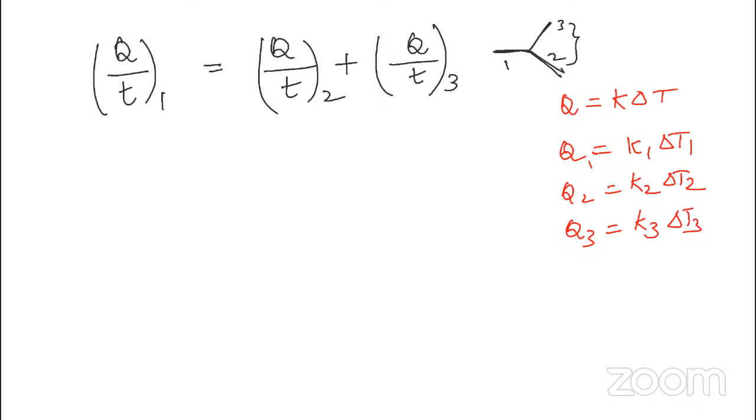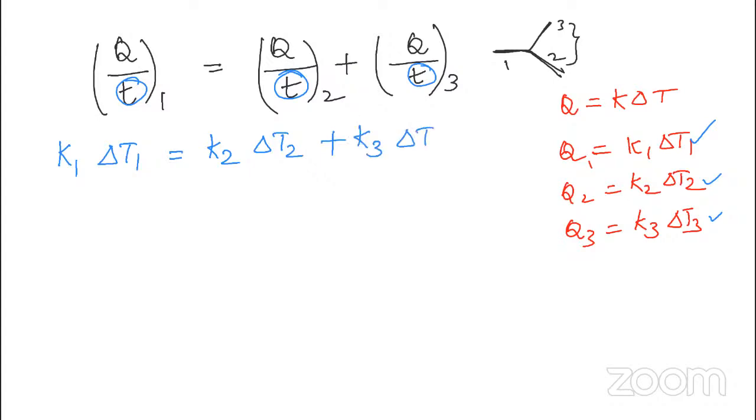Okay. So here time is not an important constraint, so we need not mind the value of T. Directly I write the values for Q1, Q2 and Q3. So K1 into delta T1 is equal to K2 into delta T2 plus K3 into delta T3.